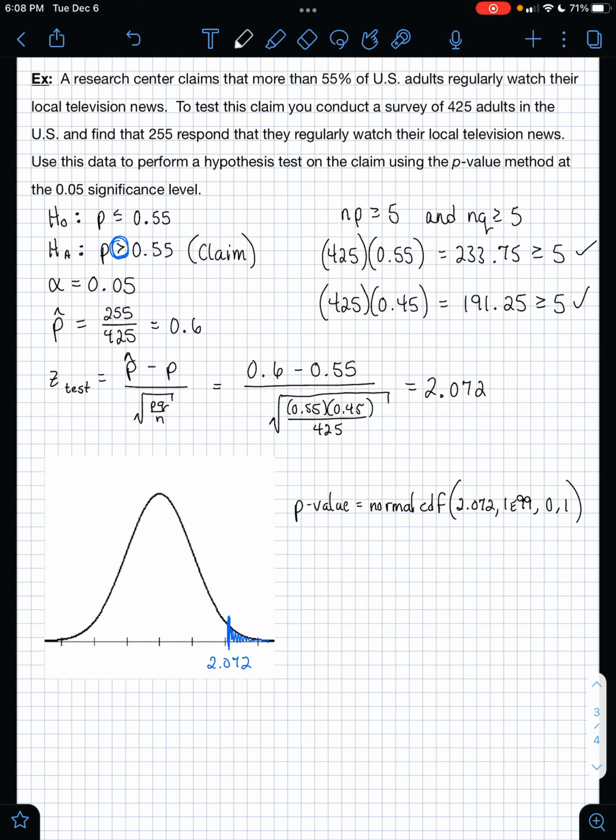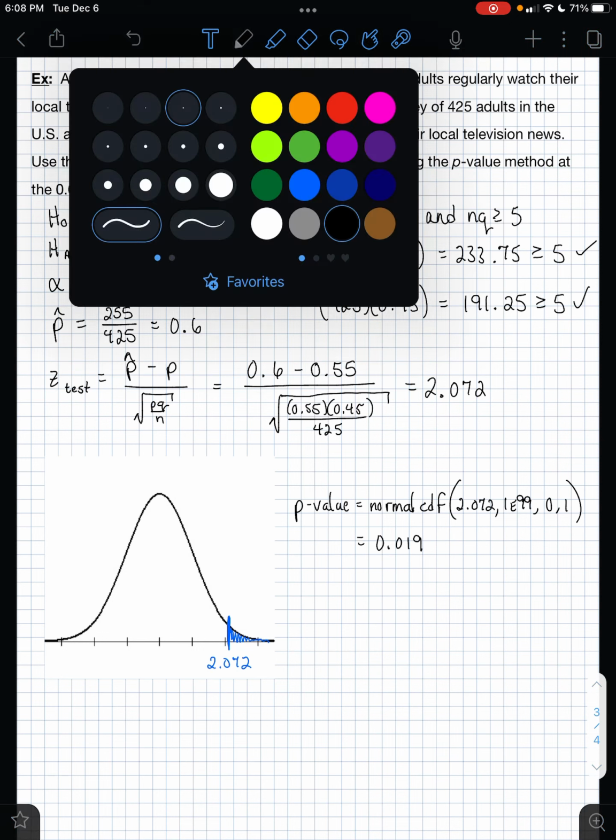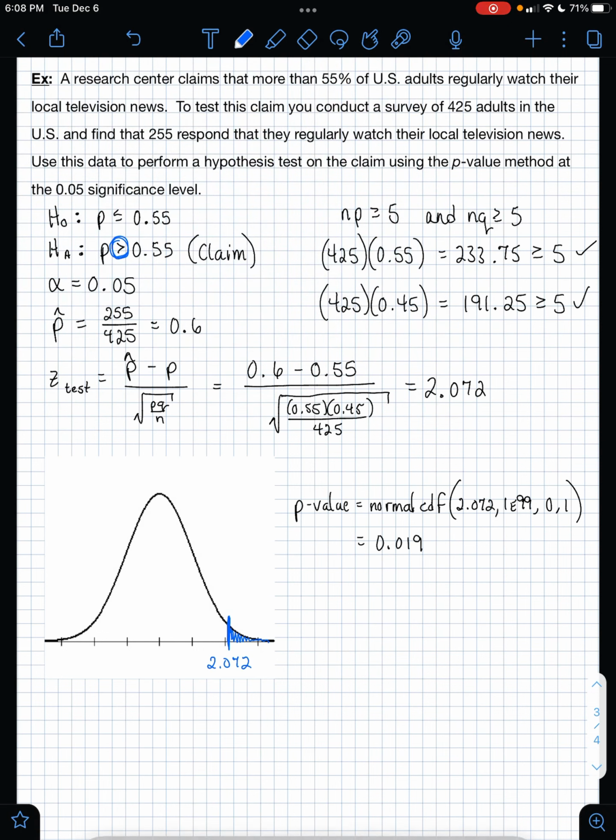So we turn to our calculator, and we get from this a p-value of 0.019. So that is the area to the right. The area of this shaded region here is 0.019.